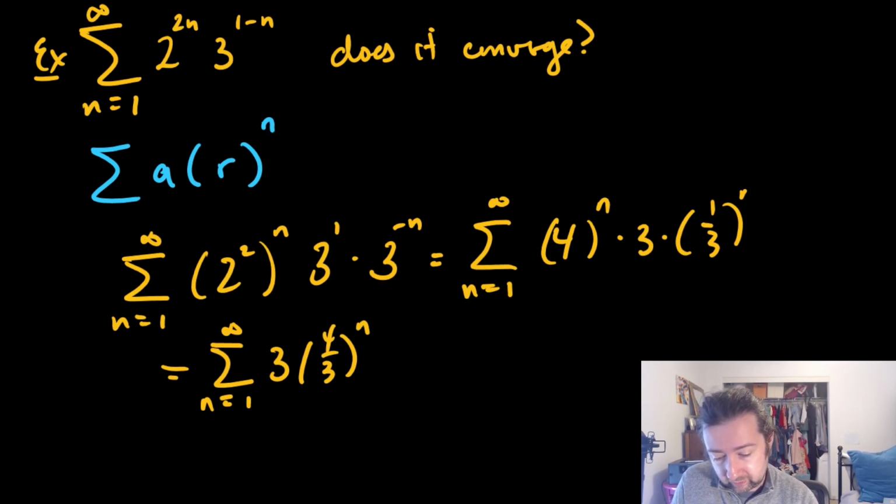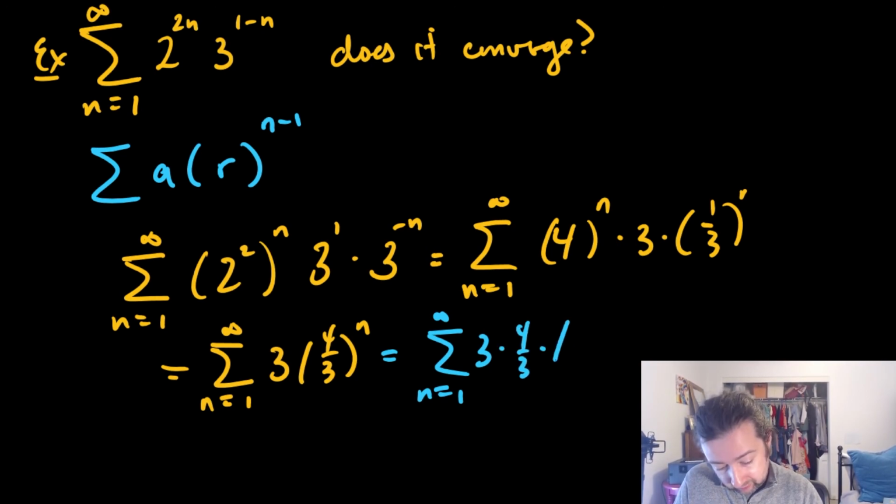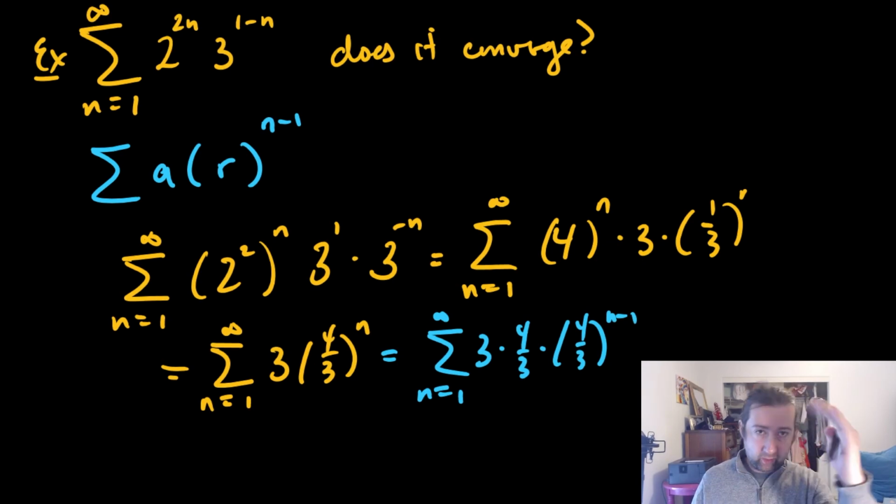We don't have n minus 1, but we can get n minus 1 in there by just pulling one of the 4/3 out of it. So we'll rewrite this as the sum from n equals 1 to infinity of 3 times 4/3 times 4/3 to the n minus 1. I could just pull one of them out to drop the power by 1.